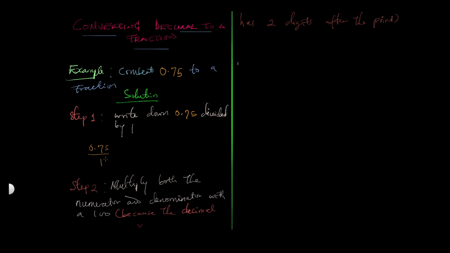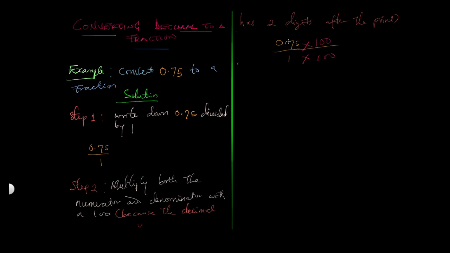So that's step 2. Step 1 was for us to write it out as 0.75 all over 1. Step 2 now will be for us to multiply the numerator with 100, and then multiply the denominator with 100.